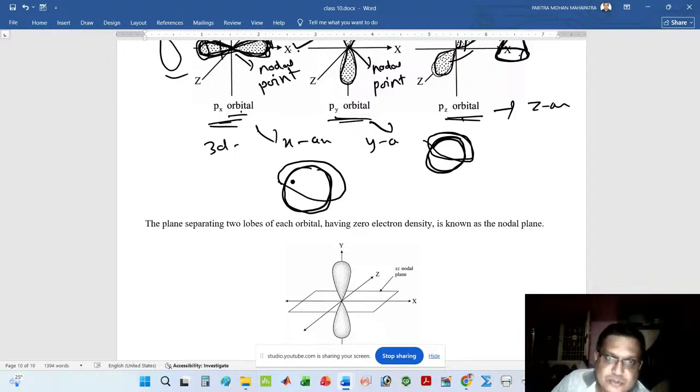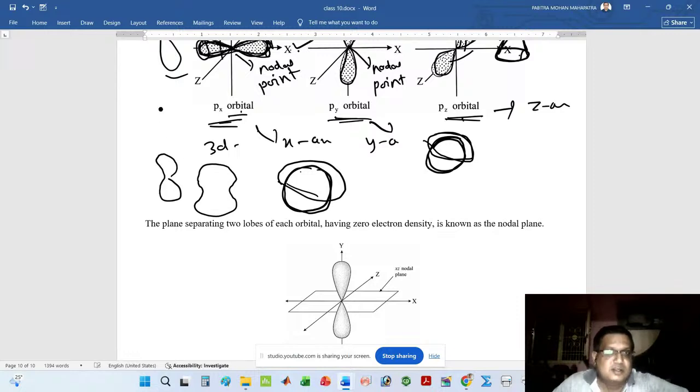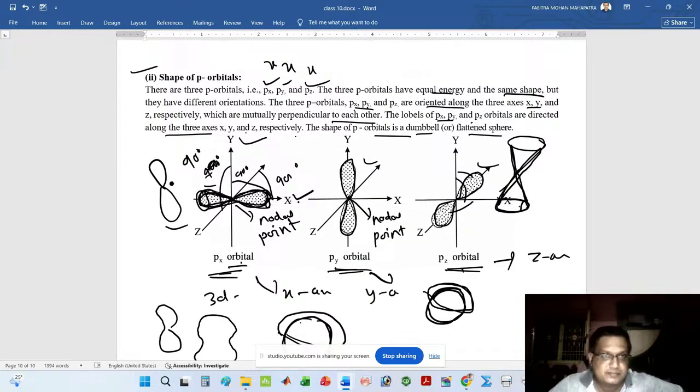This portion gets squeezed, slowly. It looks like this. Clear? Again, when you pull tightly, a time will come when the ball looks like this. So it is said to be a flattened sphere.